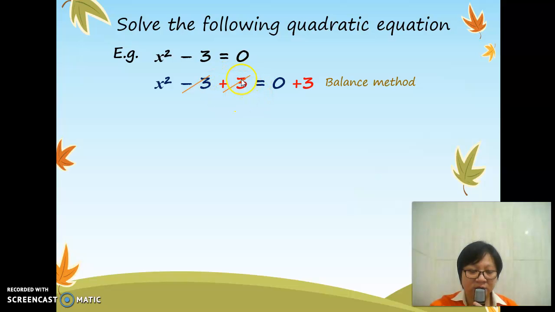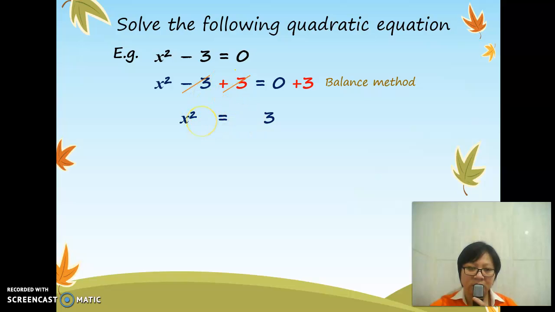If I put positive 3 on the left side of the equal sign, I need to put plus 3 or positive 3 on the right side. On the left side, negative 3 and plus 3, cancelling each other. So x squared is equal to 3.